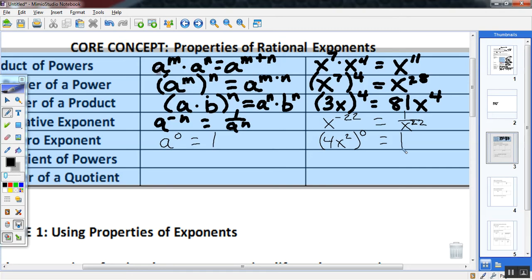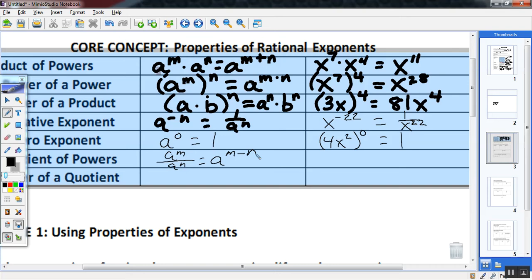What's the next one say? Okay, I like this one. This is pretty cool. This product of powers up here said if you had a to the m times a to the n, same bases, what did we do with the exponents? Add them. So if multiplying like bases meant add your exponents, what do you expect dividing like bases to look like with exponents? If I have a to the m over a to the n, this is equal to a to the m minus n.